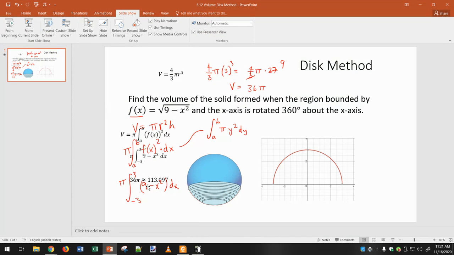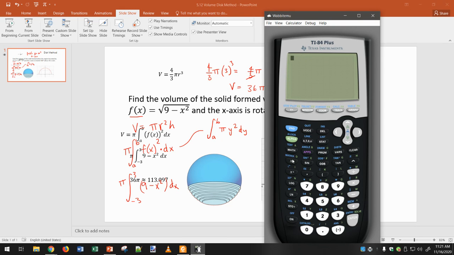So 9 minus x squared from -3 to 3. I do math 9. Yours should open up the boxes where you put in the bounds first, but mine I have to do that last. So I'm going to plug in 9 minus x squared, then I have to tell it the dx part first, and then I go from -3 to 3.